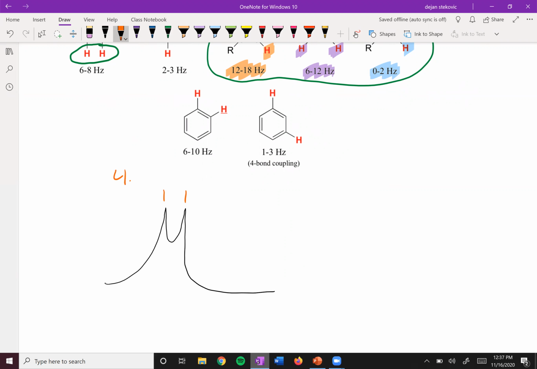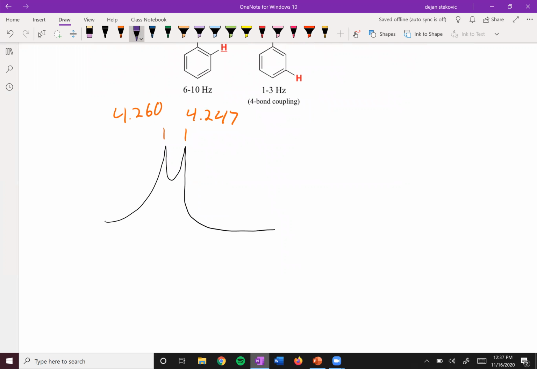So let's say this one is at 4.260 parts per million, and this one is 4.247 parts per million. All you have to do is subtract the values, right, to find the difference between these two peaks.